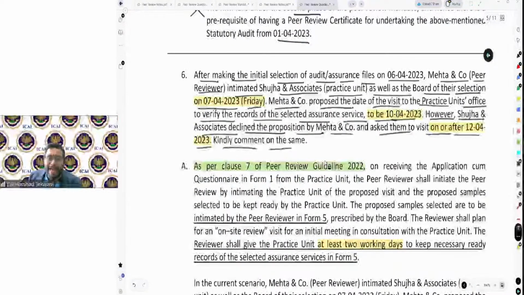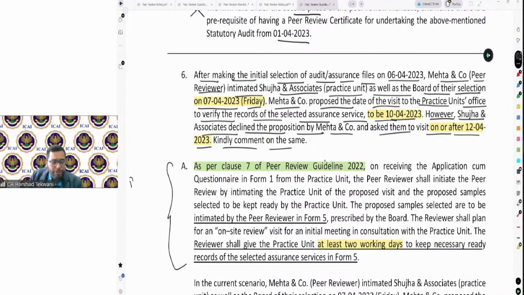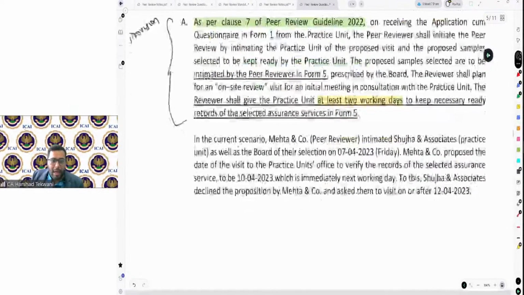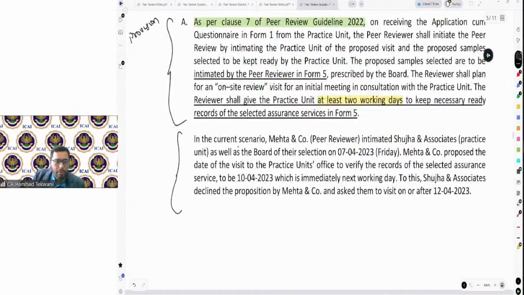Also, I'll say how I answered this question basically. See, first of all, I talked about the provision that is related to the topic here, that is critical to the topic. Let's say, for example, here, I'm talking about clause 7, which talks about how a peer review is required to be conducted. Now, second, I talk about the current scenario.